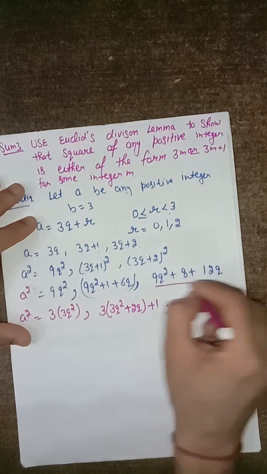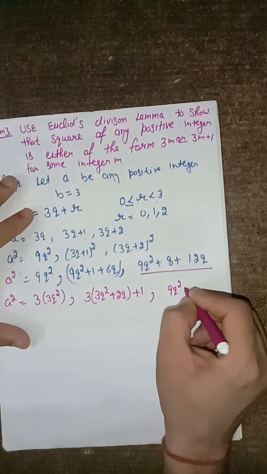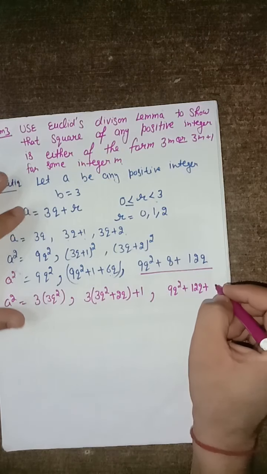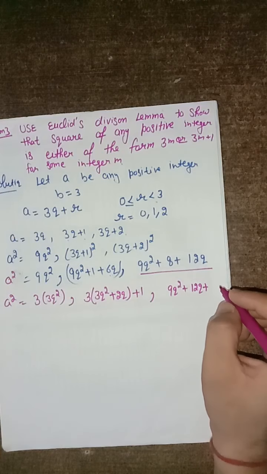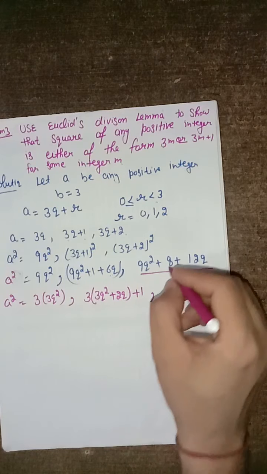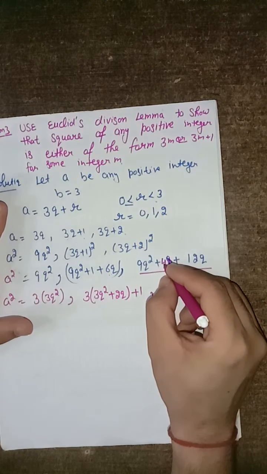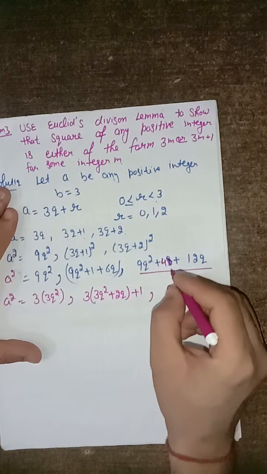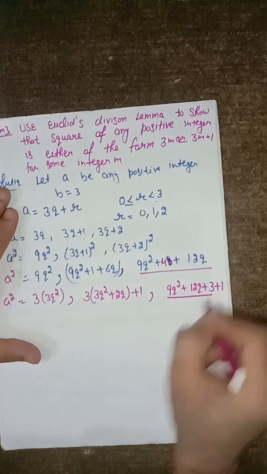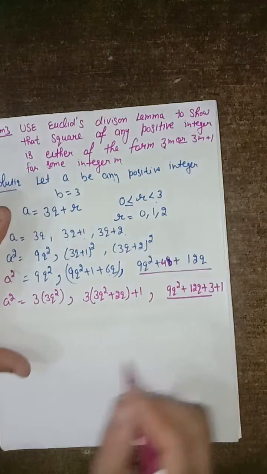And now here, this will become 9q square plus 12q. I write 8 in the form of a multiple of 3, so we divide 4 as 3 plus 1, so that we can common out 3, because we have to write this in the form 3m or 3m plus 1.